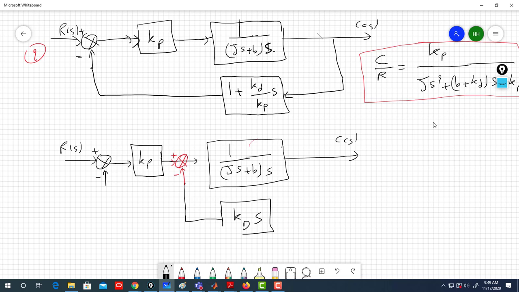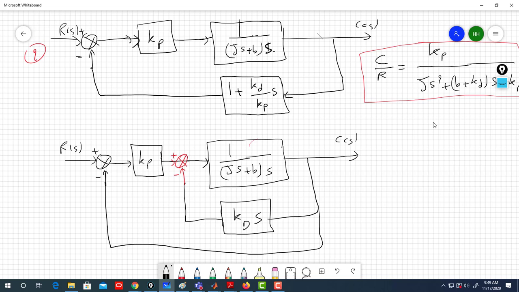So I'm feeding back the velocity, because this is position, angular position. I do the derivative, I'm feeding back the velocity, and I'm also doing proportional control for the error.